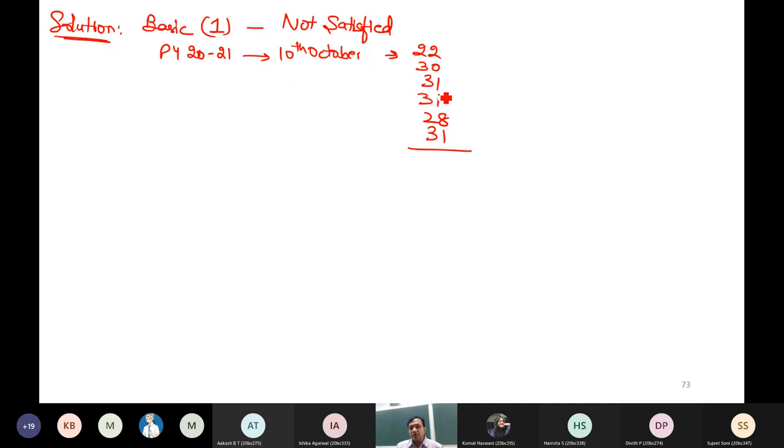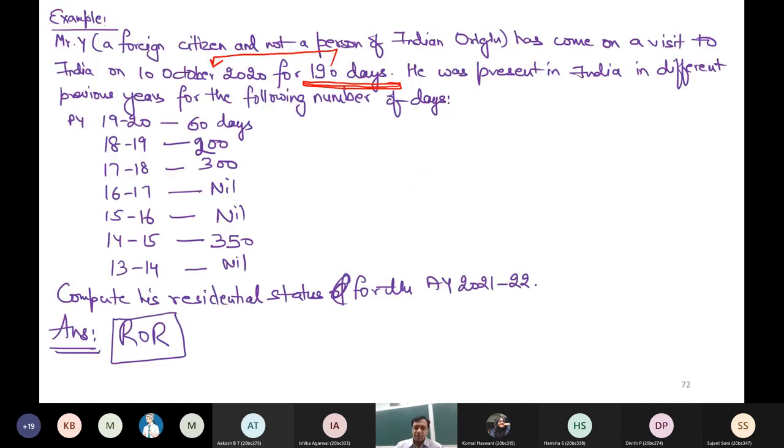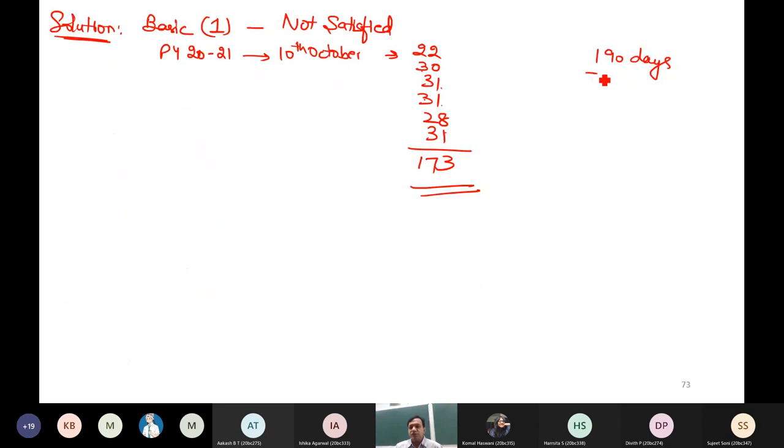So the total becomes 173 days. That is not required, but can you tell me on which day I left India? 190 days, so on which date did I leave India? 17th April, most probably. Yes, so I left India on 17th April.